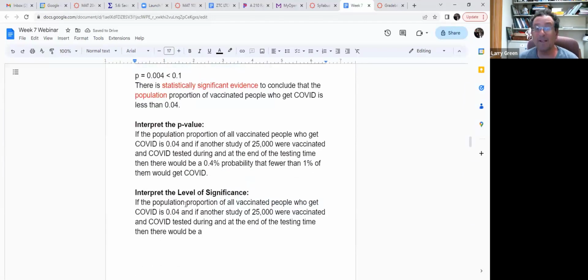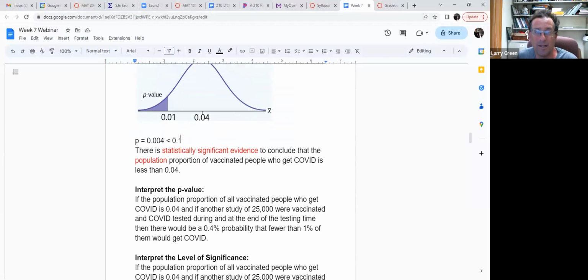And that is, if the population proportion of all vaccinated people who get COVID is 0.04, and if another study of 25,000 were vaccinated and COVID tested at the end of the testing time, there would be A. Now, our level of significance in this case was 0.1 or 10%.